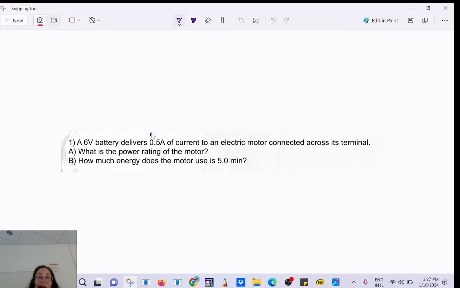So that will be the current available. That's your power supply. So what's the power rating of the motor? So power equals what times what?